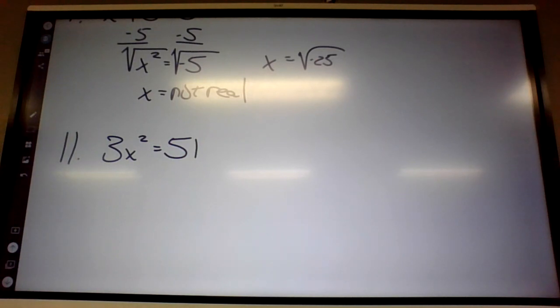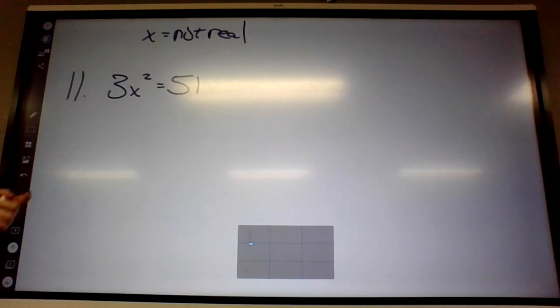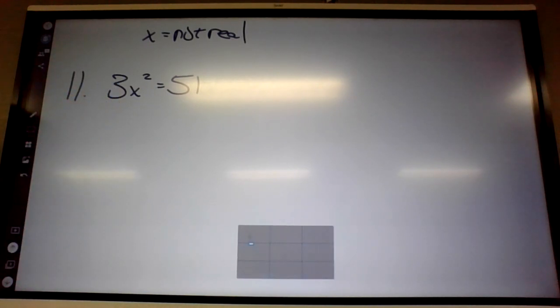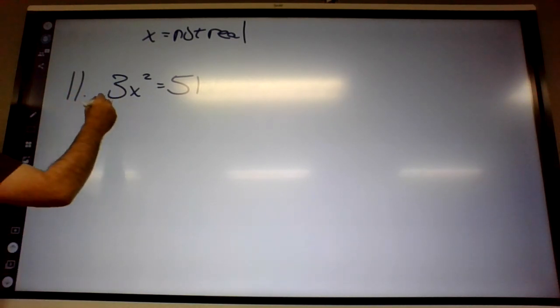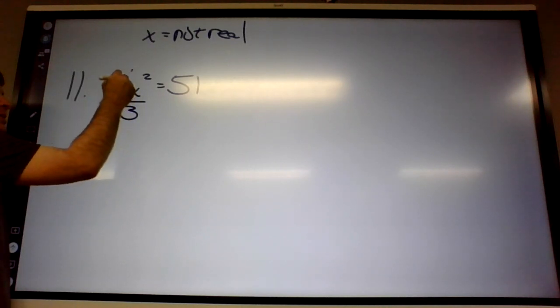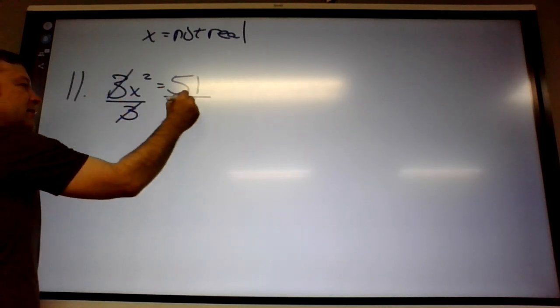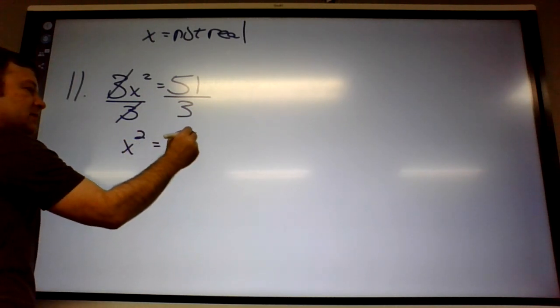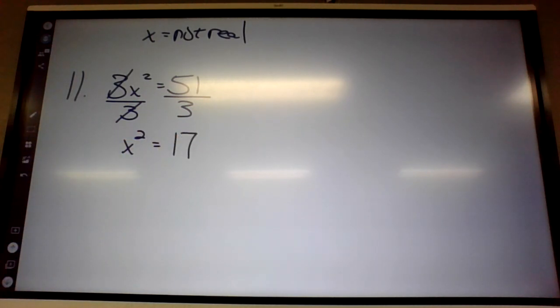All right, Josiah, what do you think for this one? What should we do? How would we get x squared by itself here? How do we get rid of this 3? Yeah, if we divide by 3, that goes away. 51 divided by 3 is 17.